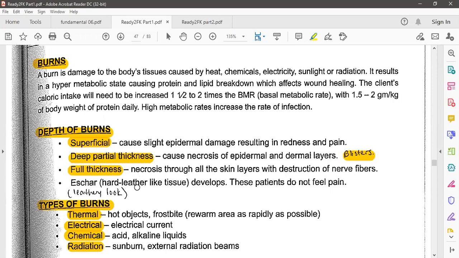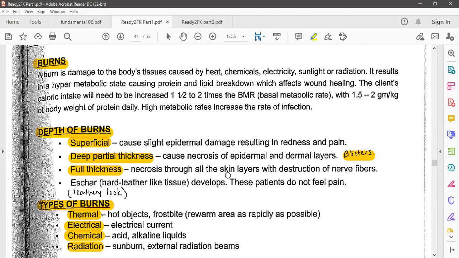So in a third degree burn, there is damage to the epidermis and dermis, and also part of the subcutaneous tissue. The color varies, and it sometimes has a dry or leathery appearance. Pain may not be present initially.